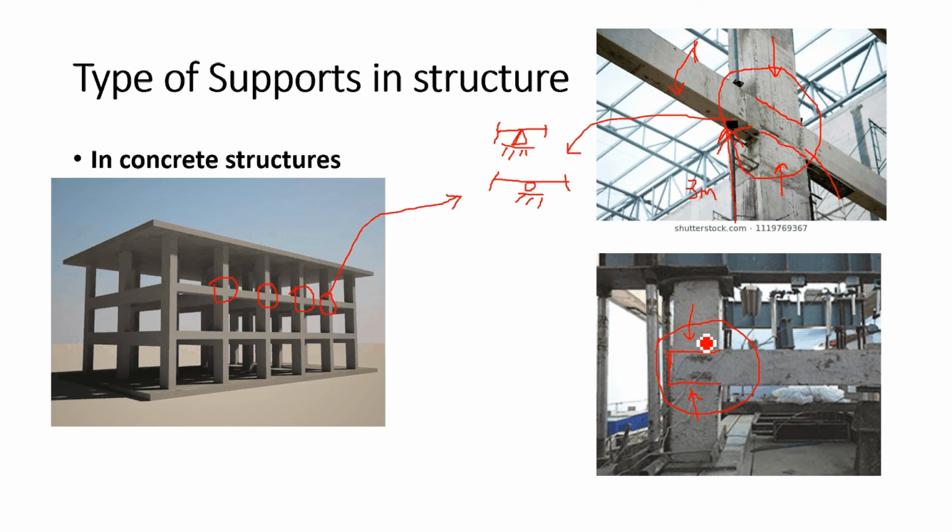Many arguments are going on about whether we can consider it a simple support or a fixed support. My idea, if you want to get very precise results, is this. For example, let's say the width of the column I am marking as B. In this case I am considering a simple shape.